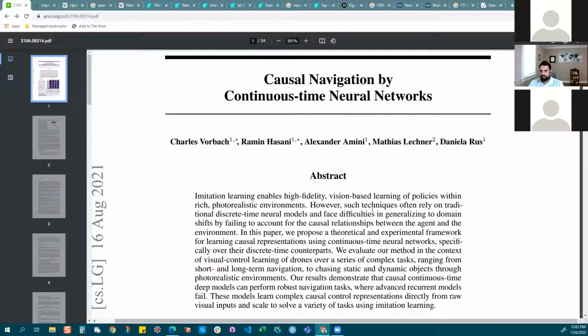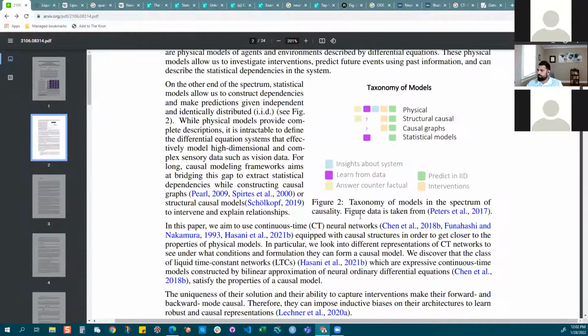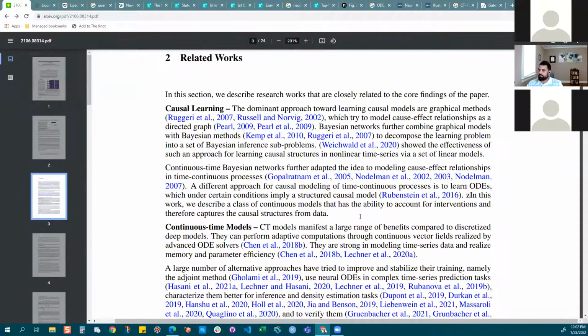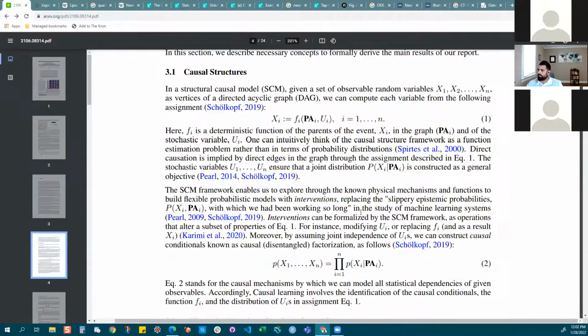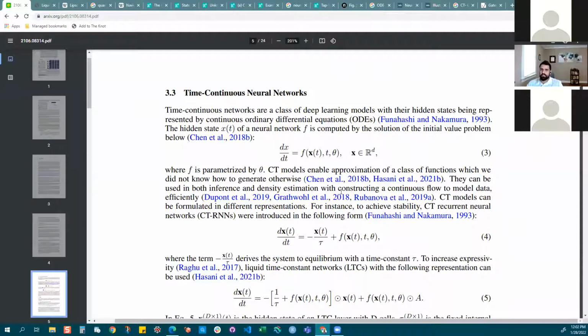Okay, thanks. My other question is about how causality affects the computational complexity of deep neural networks. Yeah, I think that's a great question, and I think it might make it more complicated, because instead of a simple activation function, we are using differential equations.